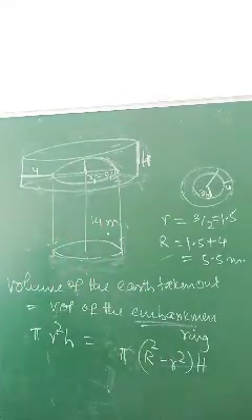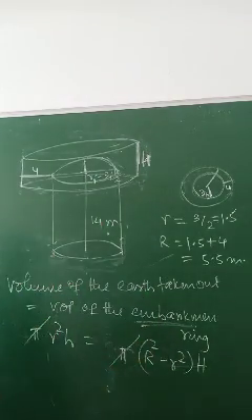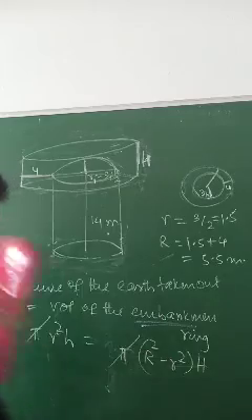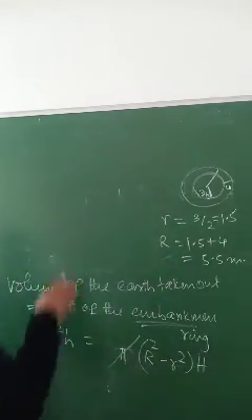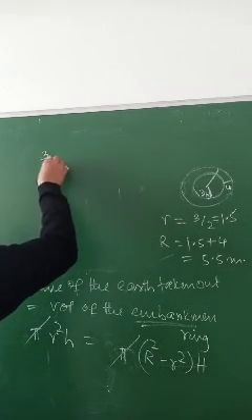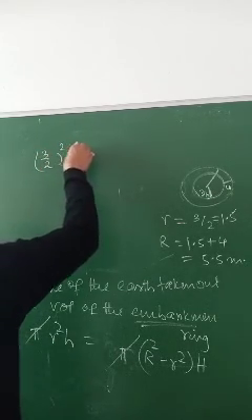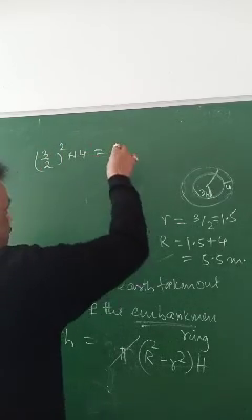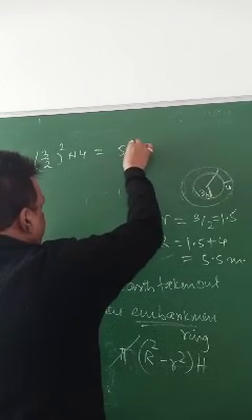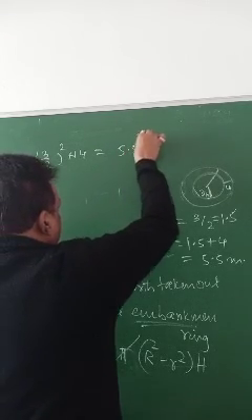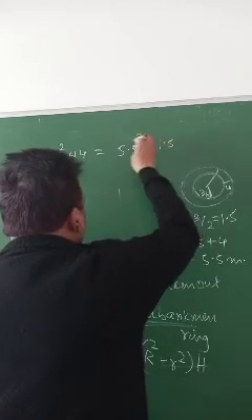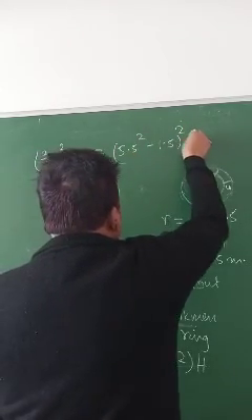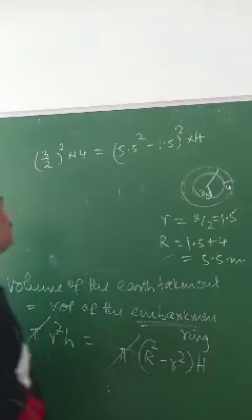Okay, cancel here. Pi is cancelled. Then what is left out? r square, 3 by 2 square into 40 is 5.5 square minus 1.5 square into h.